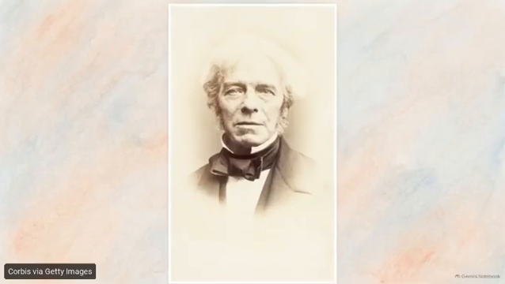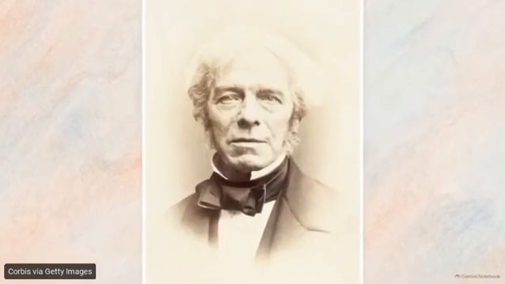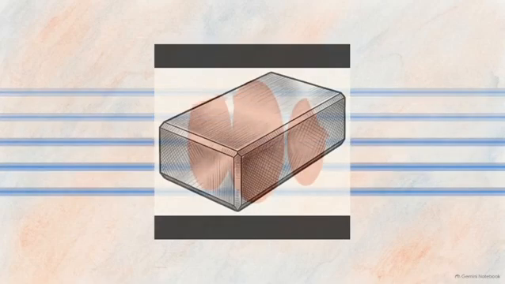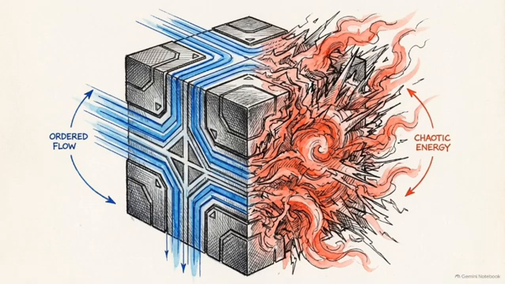The rules established by Faraday and Lenz regarding electromagnetic induction are absolute. Eddy currents are an inescapable physical reality for any bulk conductor placed in a changing magnetic field, but their impact changes entirely based on how we engineer the material. Whether this force acts as a powerful tool or a parasitic enemy depends entirely on the conductive volume of the metal itself.